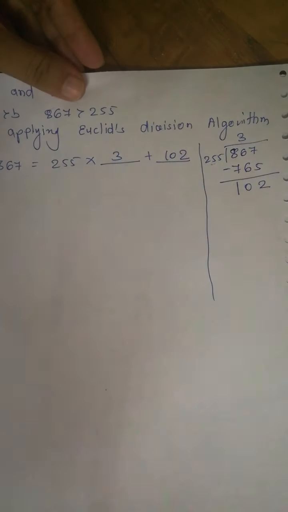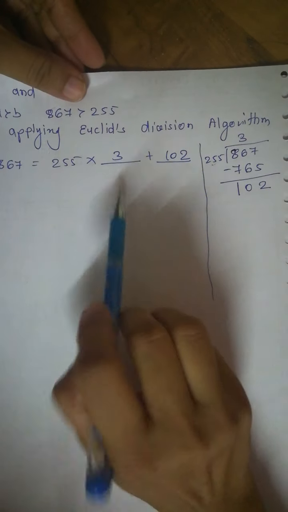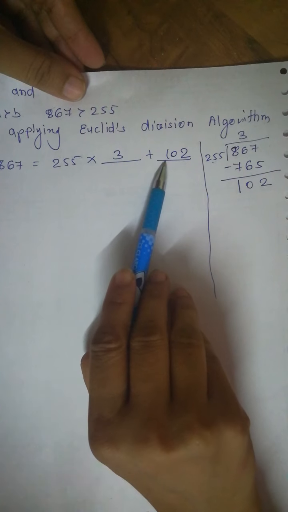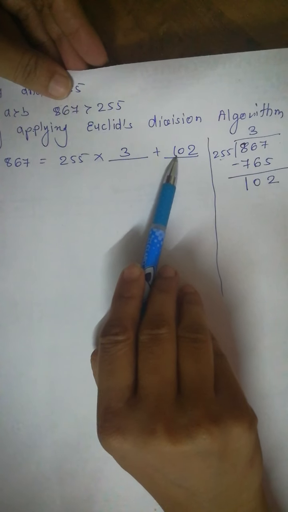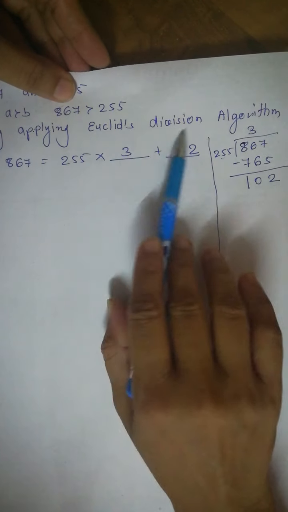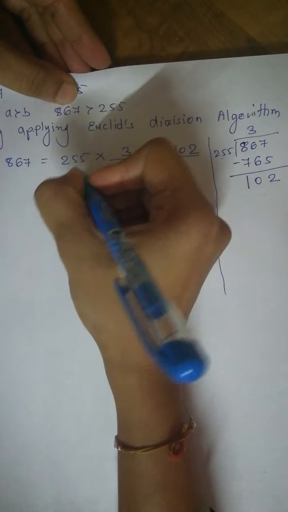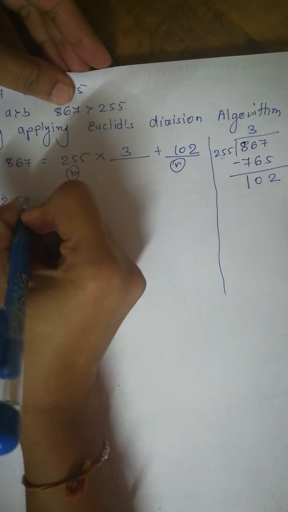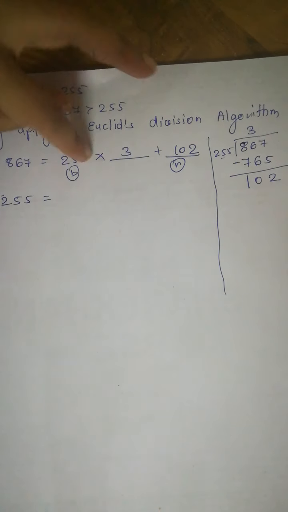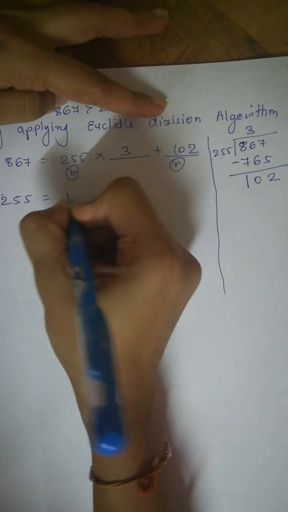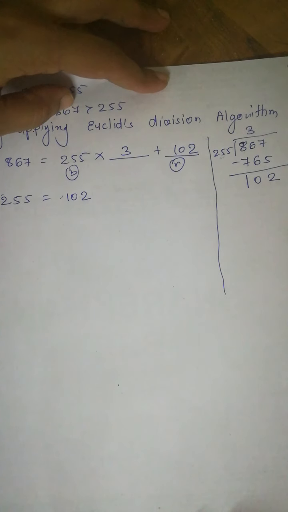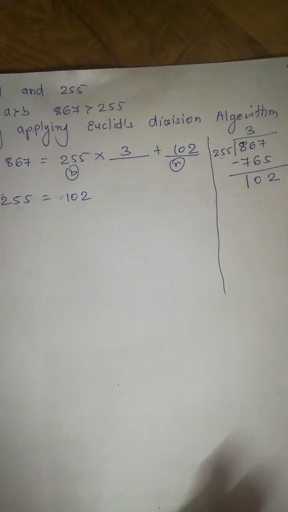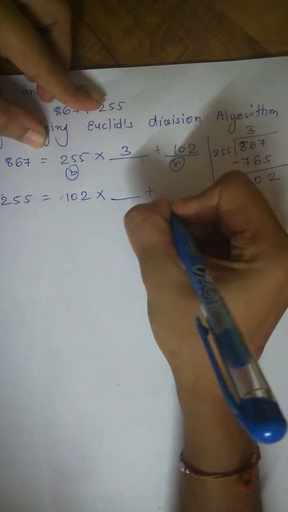Just put it down here, and as per Euclid division lemma, if r is not equal to 0, then apply Euclid division algorithm again on b and r, as we said earlier. So by again applying Euclid division algorithm on b and r, we have 255 equals 102 into quotient plus some remainder.